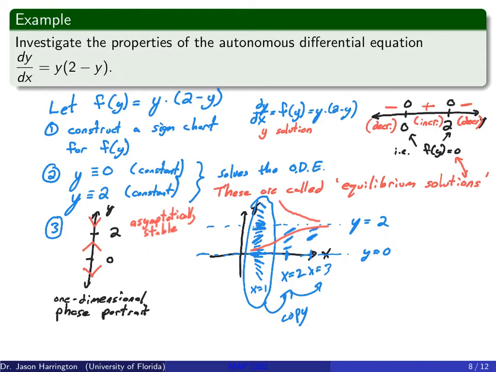The next thing we have is the 0. Notice that at the 0 here, everything is repelling. See, stability means it's getting closer, both sides of it are going to something. To be unstable, it has to be repelling. So we call this one asymptotically unstable.